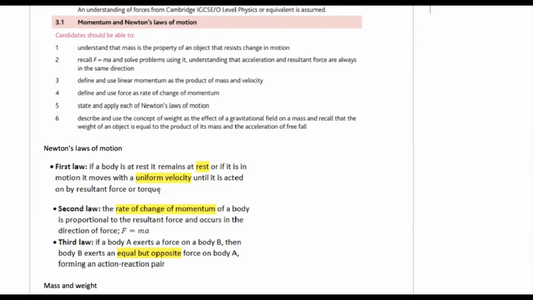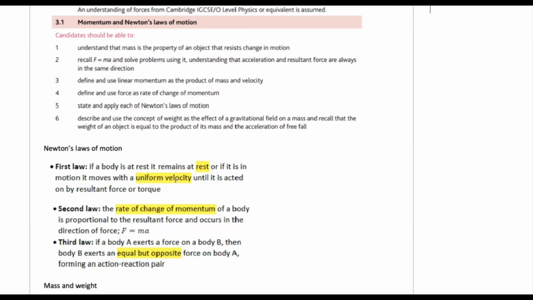So that means, for example, if you put a book on a table, it will remain on the table until there is an external force that pushes the book. Also, if an object is moving with uniform velocity, it will remain in uniform velocity until there is an external force, a net force, that changes the uniform velocity.